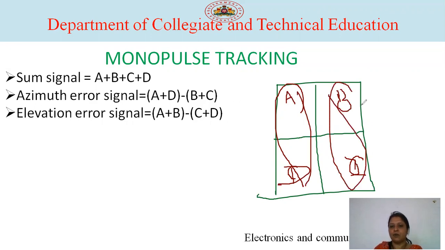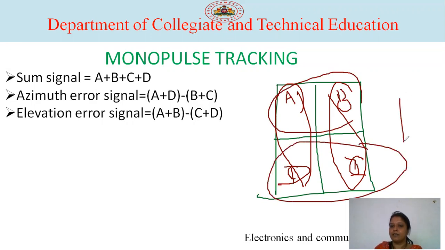And elevation error means what? A plus B minus C plus D. This will give the elevation error, and the other is giving the horizontal error.